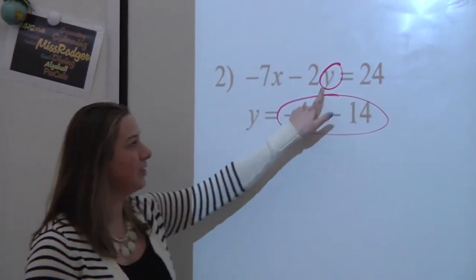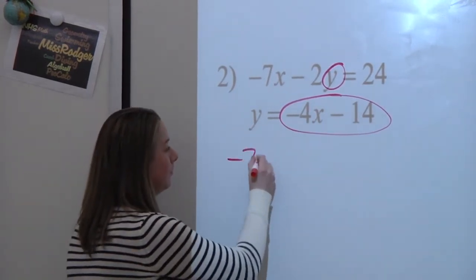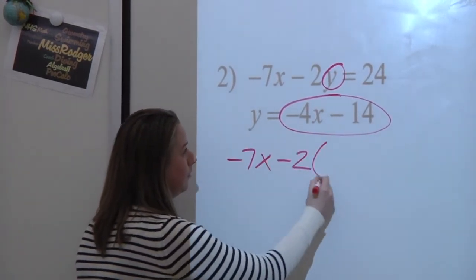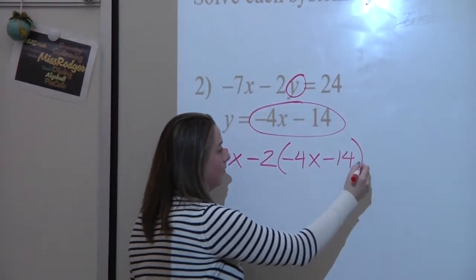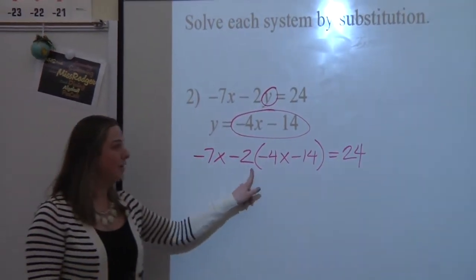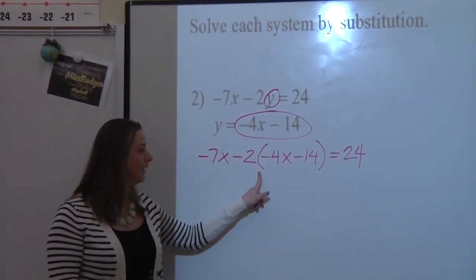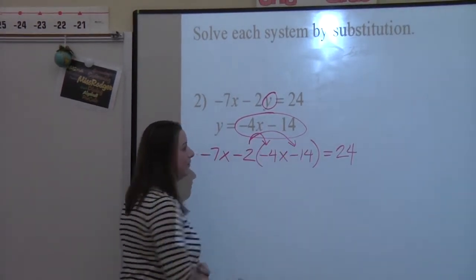So we're going to insert it in here, and then we're going to substitute. Notice how we inserted it with parentheses, and we're going to see the distributive property in action.